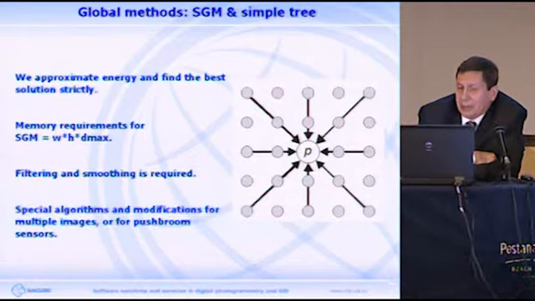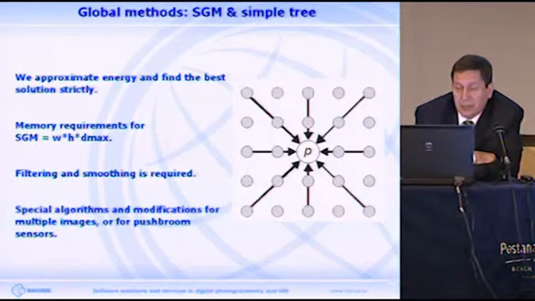It's in active use, but it has a number of shortcomings. For example, there are memory requirements, quite significant. You won't have enough memory on your computer to process larger images. Plus, you can only use a pair of images.